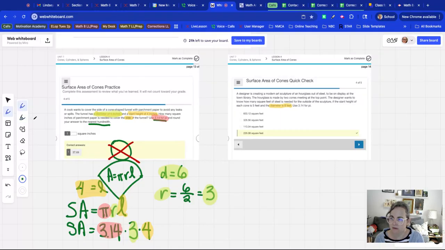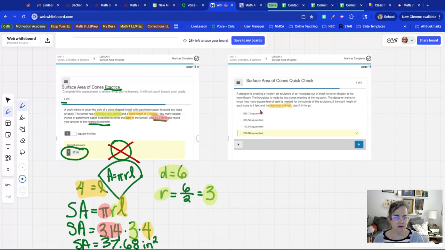Thank goodness. I love when I get it right. Okay, this was from your practice. It was number 4. Okay, so 37.68. Okay, and they already wrote it, but it's square inches because it is area.